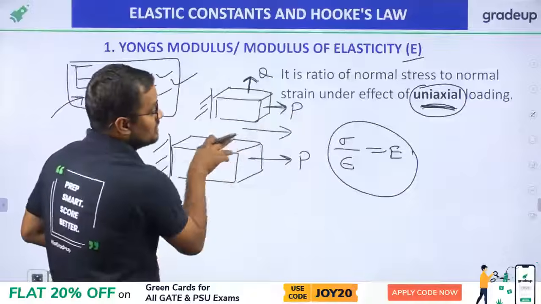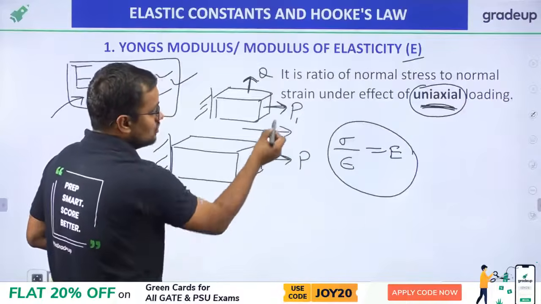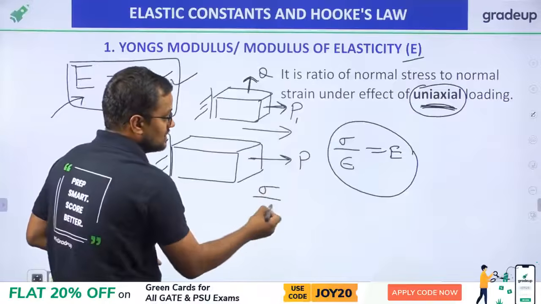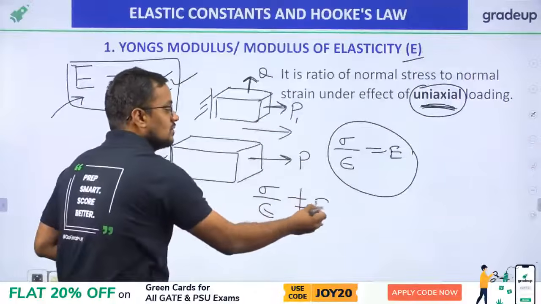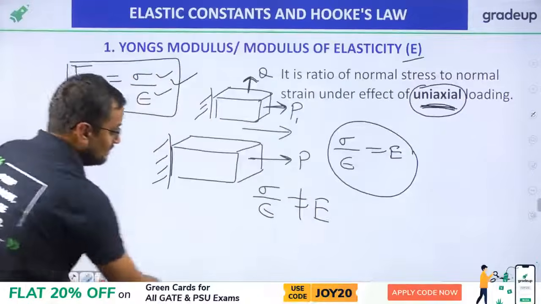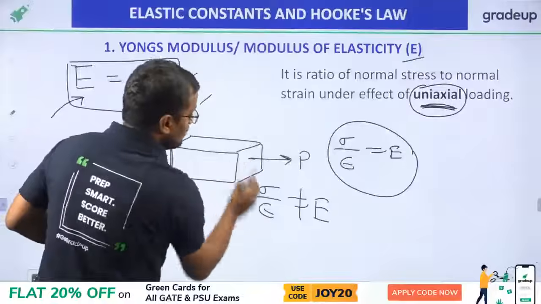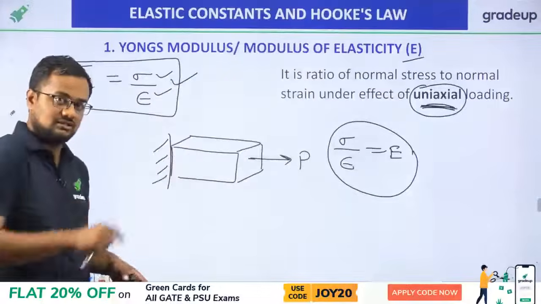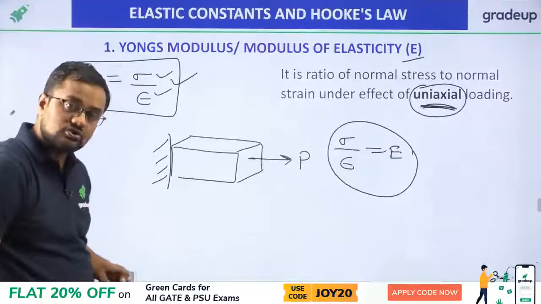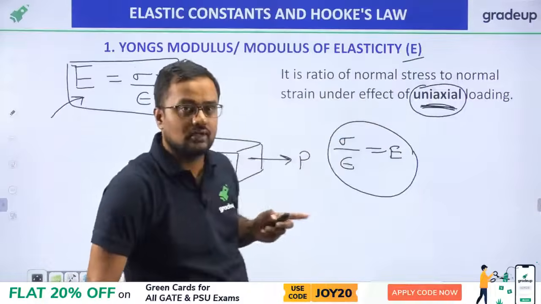Suppose in this direction the stress is P1 by A. Then stress by strain in this longitudinal direction I cannot write as Young's modulus. So stress by strain is Young's modulus only and only for uniaxial loading like this. Normal stress by normal strain is Young's modulus for uniaxial loading.